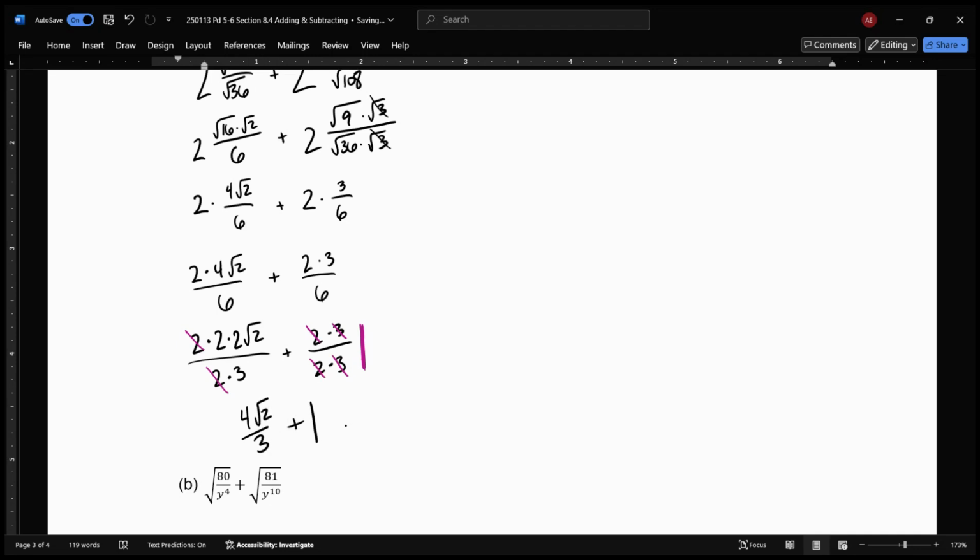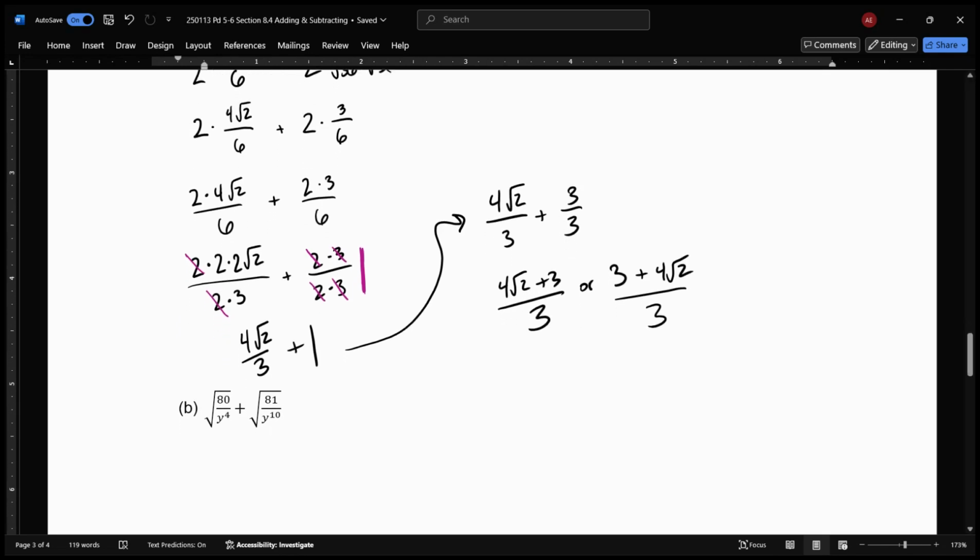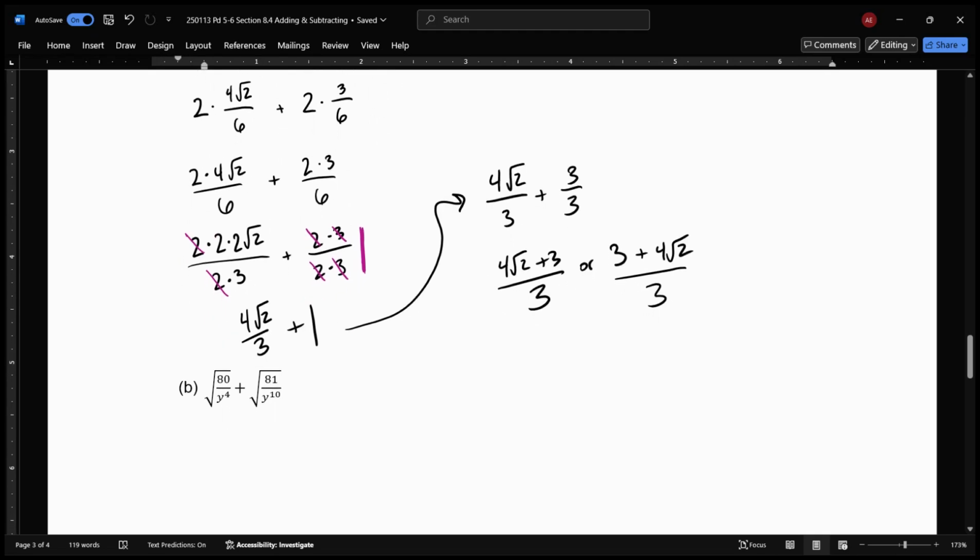Do we have to combine those? Do we have to get a common denominator? Who knows. Alright, so then 4 square root of 2 plus 3 all over 3. Or, oh my goodness, I don't really care. Some form of these would be fine.